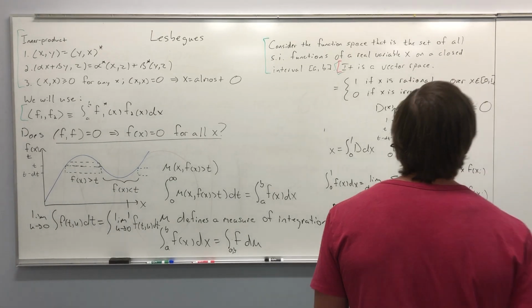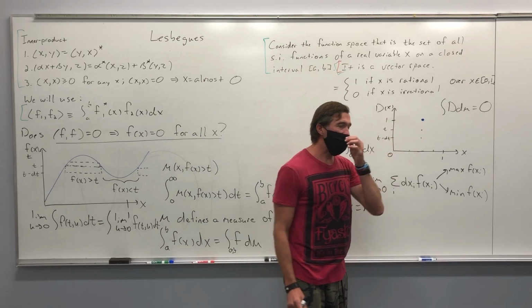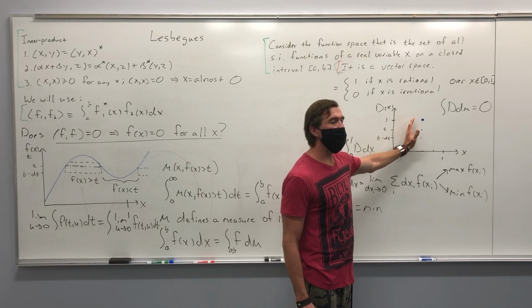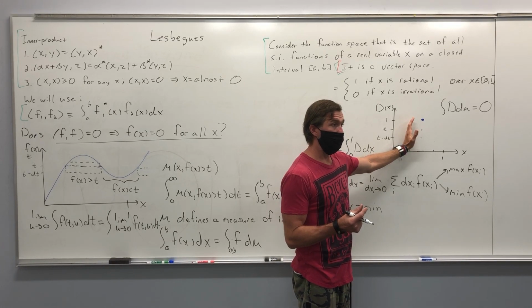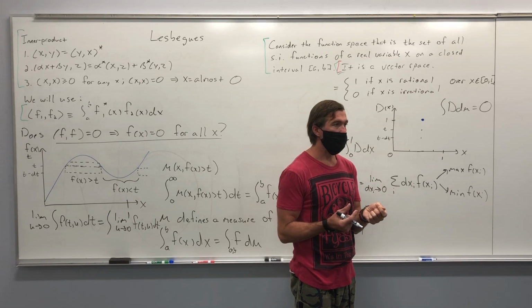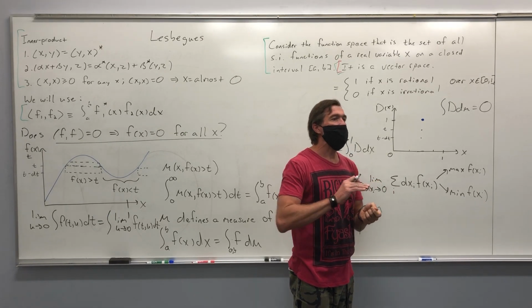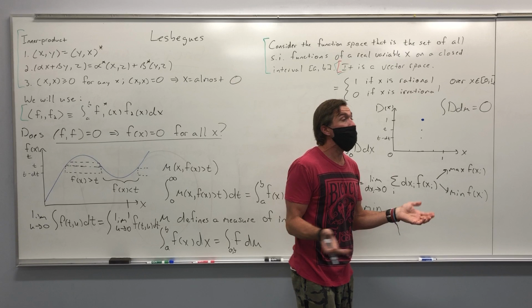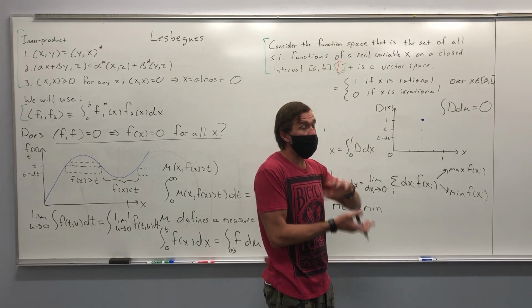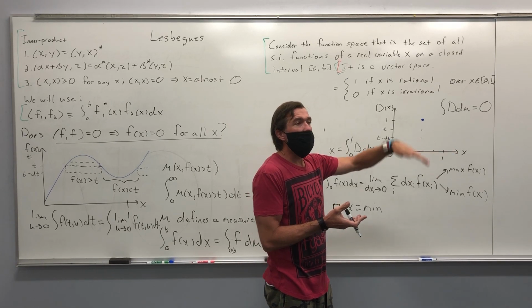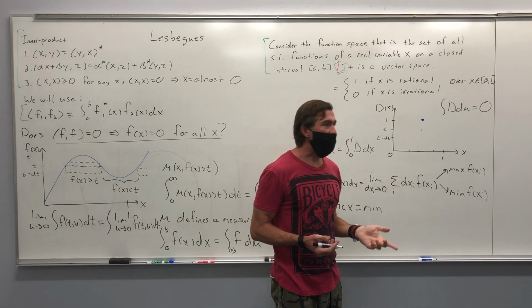So the Dirichlet function, and any other function like it, is almost 0 because the measure is 0. So if you have a function whose measure is 0, then that function is non-zero, but it is almost 0, in the sense that if you integrate it, you're going to get 0. And I'm not talking about due to positive and negative cancellations. It's a purely positive function. But if you integrate it, you'll get 0, even though it's non-zero. This is the definition of an almost 0 function.